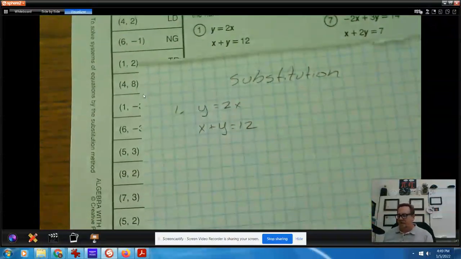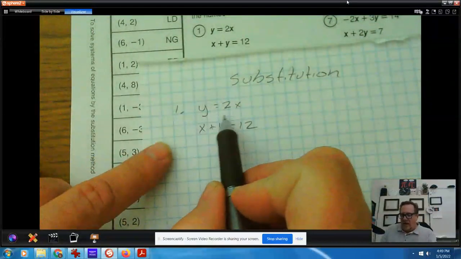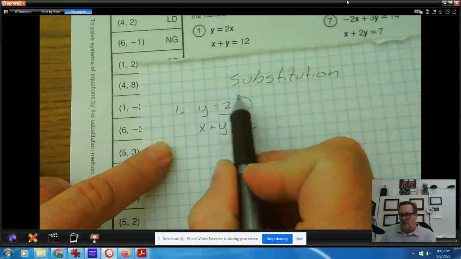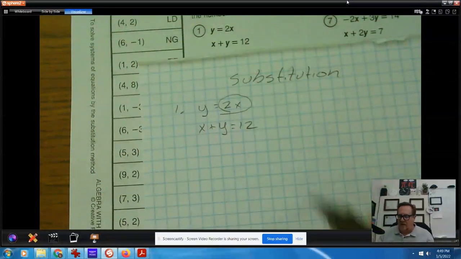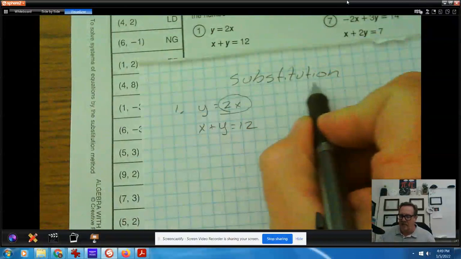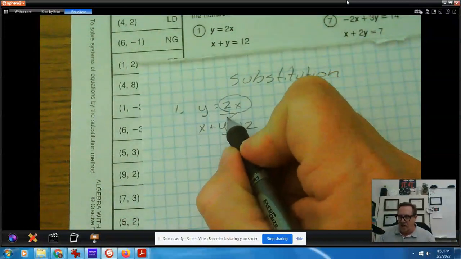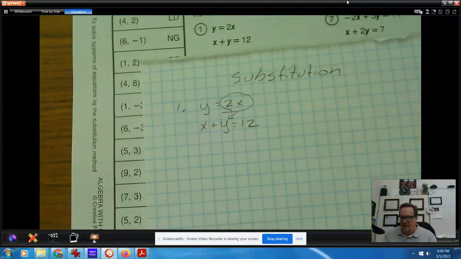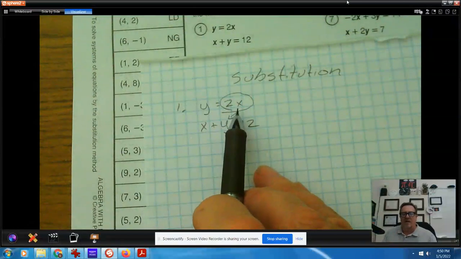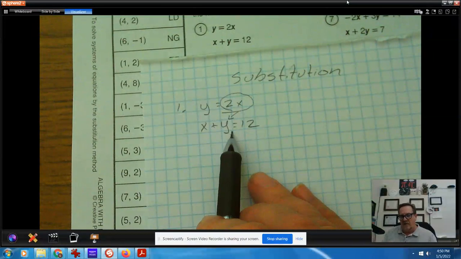For substitution, what we're going to do is look at this first equation. It says that y is equal to 2x. If y is equal to 2x, then I can substitute or exchange 2x where I see y in the other equation. Since they're equal to each other, it doesn't matter if it says y here or if I replace it with 2x.